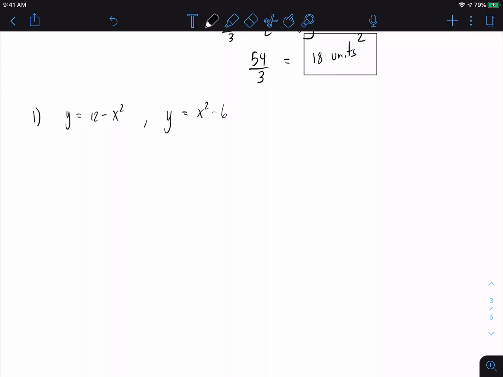Go ahead and try those, and then I'll do them for you. No bound? What's that? I'm sorry? No bound? So you're going to graph them and see if they intersect, and if they form a closed region. If they form a closed region, that's going to be your bounding. Got it. Okay. So you'll have to graph them to see.